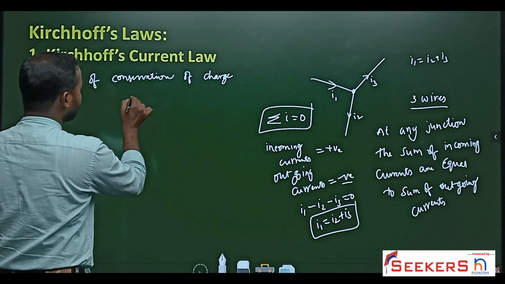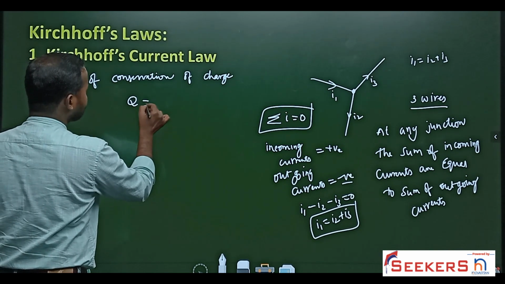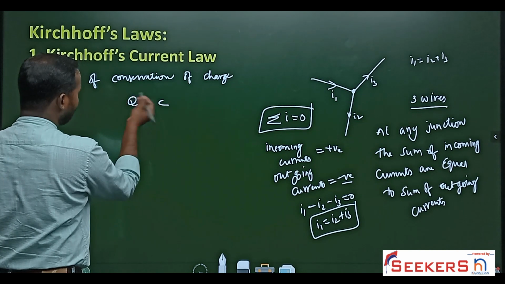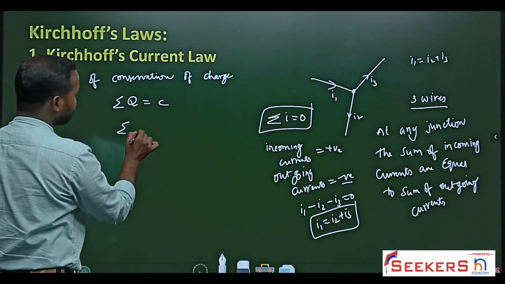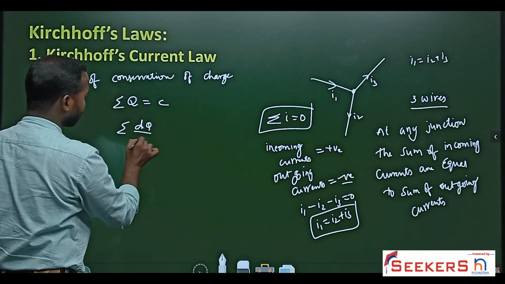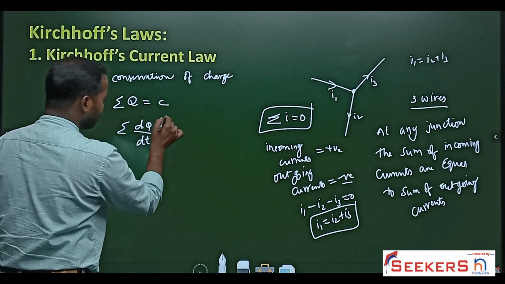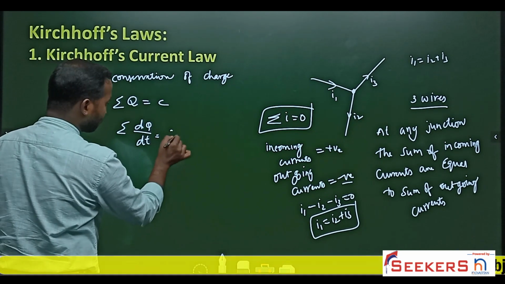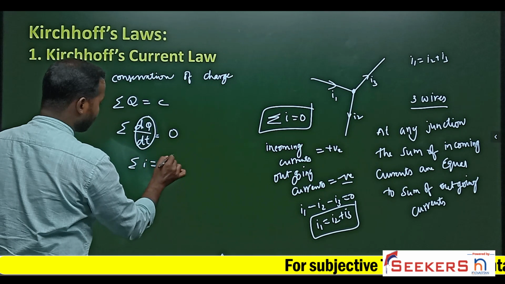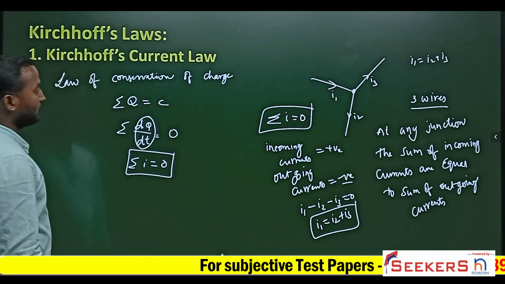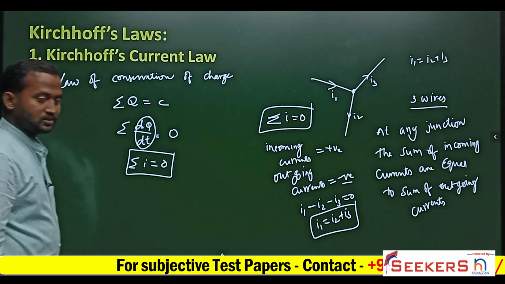So here the charge is a constant. If the sum of all the charges is equal to a constant, then if I take the differentiation of it, dq by dt is equal to the differentiation of a constant, which is 0. So what is this? Current. The sum of all the currents at a junction is equal to 0. Hence we say that it is based on the law of conservation of charge.